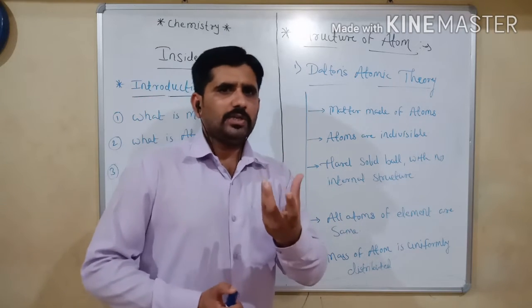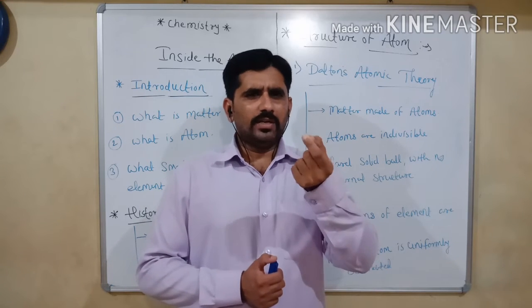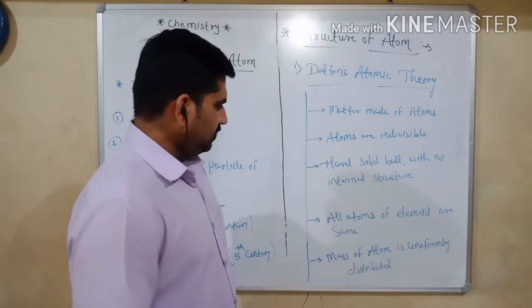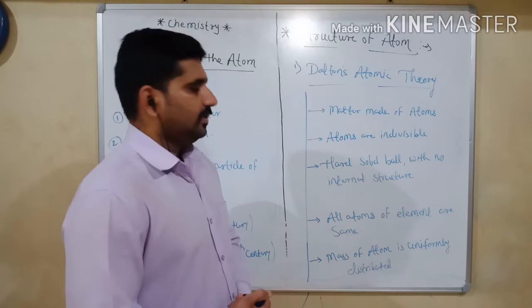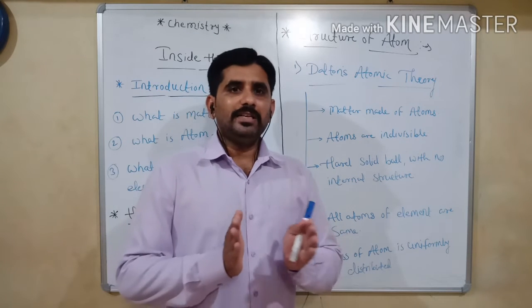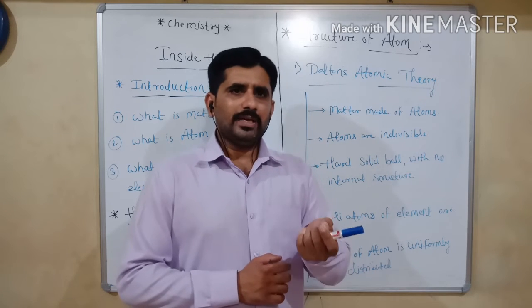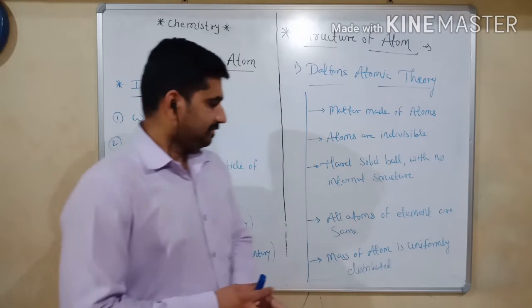Next, all atoms of an element are the same. Whatever element is made, it is made up of small particles of atoms, and all these atoms are of the same origin.